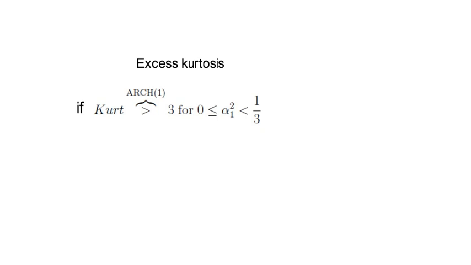Now that tells us that if you estimate an ARCH(1) model for residuals, the model has a finite unconditional variance and fat tails if the estimated alpha 1 coefficient is in the range of alpha 1 being below 1 and alpha 1 square being below 1/3 but positive or 0.